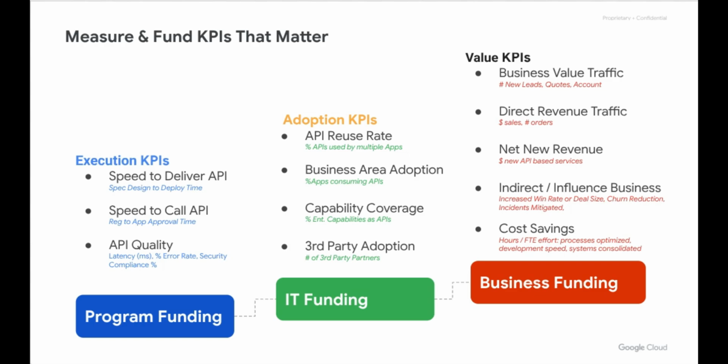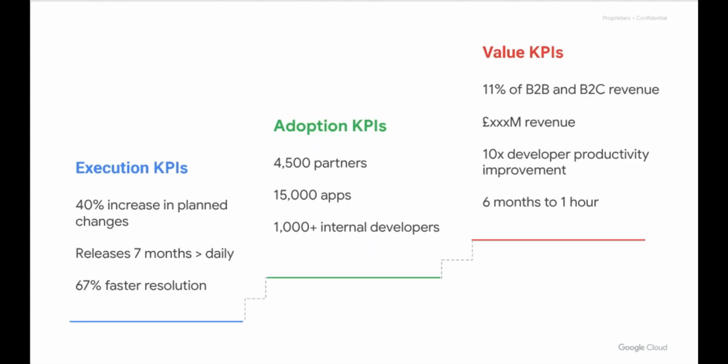Indirect might be where we're using APIs to sell our capabilities or services or grow our business in other ways. And then also, what are our cost savings? So how much time and energy and money are we saving in terms of having optimized processes, in terms of minimizing development time, in terms of being able to consolidate the different systems that we are operating.